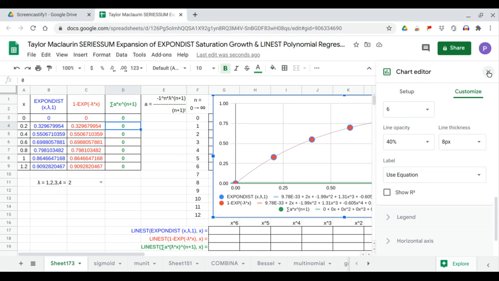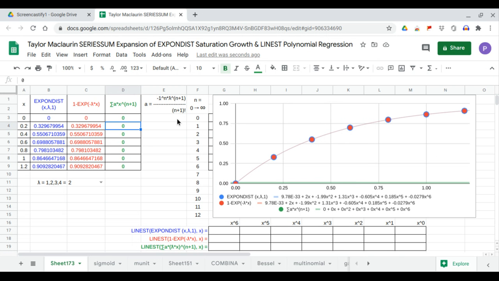So okay, close it. Now we continue with the coefficient, which is equal to array formula starting with numerator, which is negative 1 to the power n, times the second part of the numerator, lambda raised to the power n plus 1.